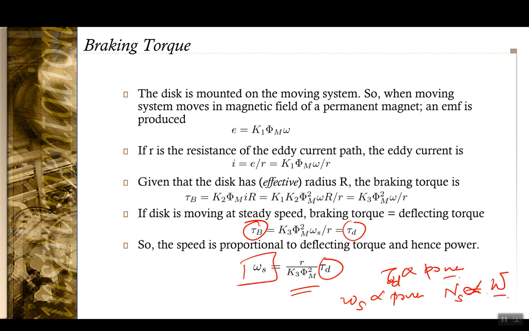So what you have to make sure is that tau d should be made proportional to the actual power being consumed by this circuit.